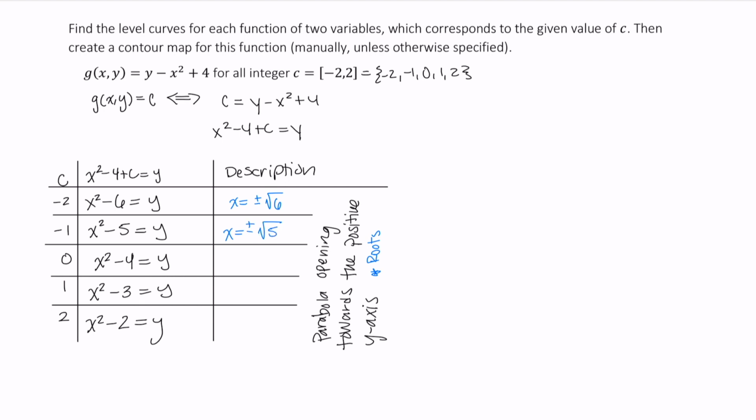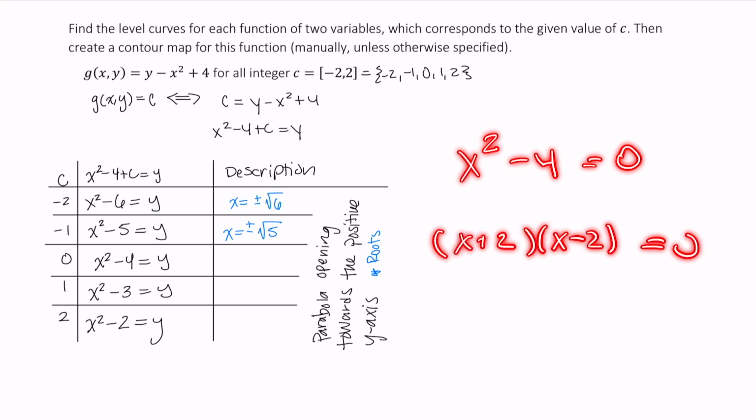Now, this one I'll go over a little more just in case you're not seeing this. The idea is to find the x-intercepts. You set this equal to 0. This becomes x plus 2, x minus 2. These are all differences of squares. So clearly this one has roots at plus or minus 2.